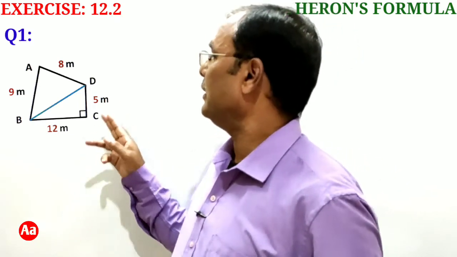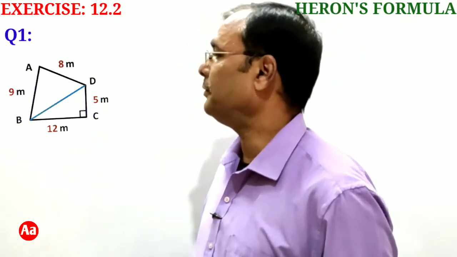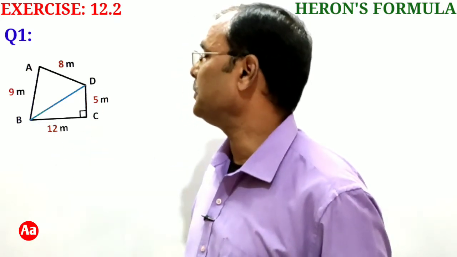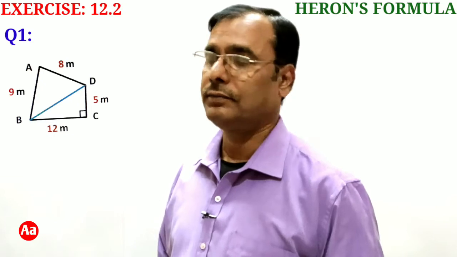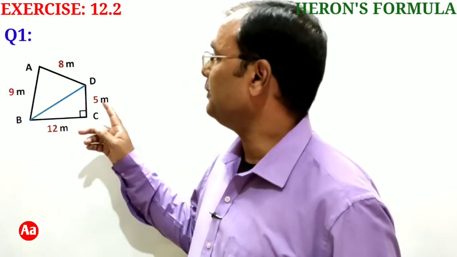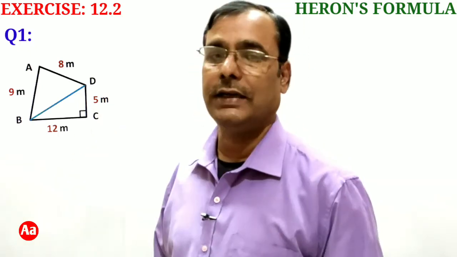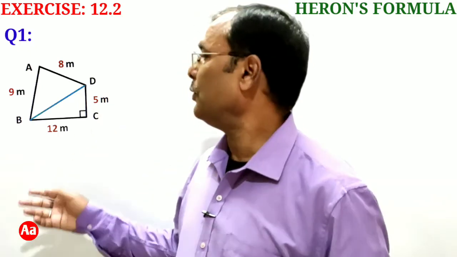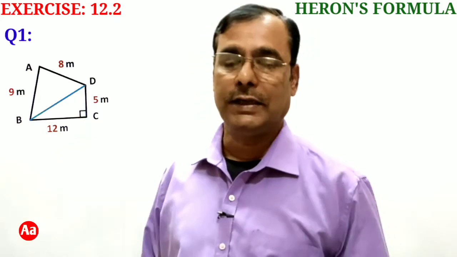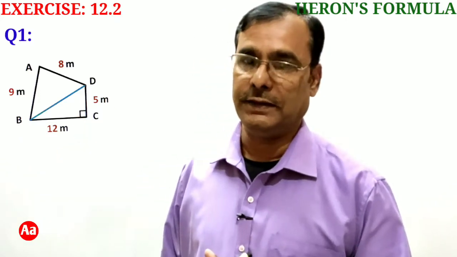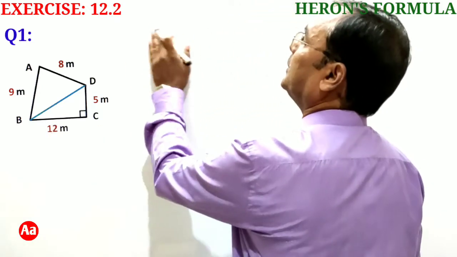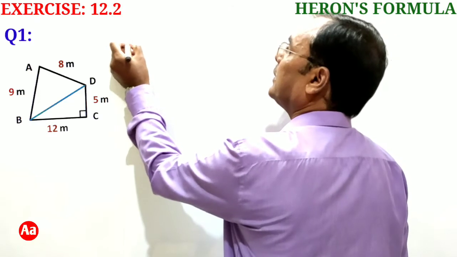Can we find any of the two diagonals of this quadrilateral shaped park? See, angle C is given 90 degree. So if you join BD, using Pythagoras theorem we can find the length of the diagonal BD. So first let us write the sides of this quadrilateral shaped park.